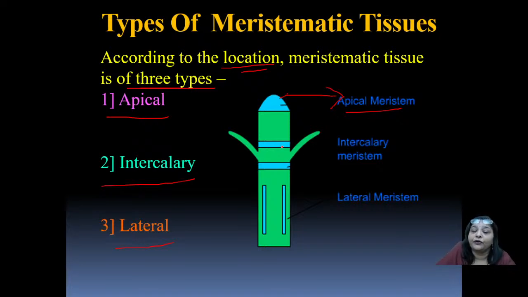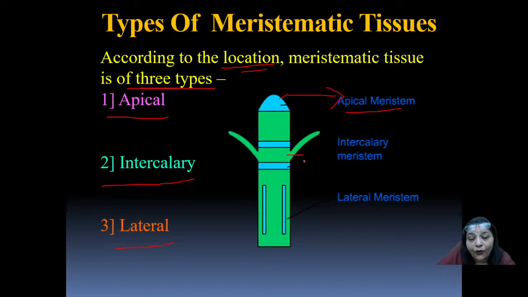So where do the leaves and the branches arise? Where do the leaves arise? In the stem, it is actually the region where the nodes are. Now, in the stem, there are two main regions. One is the node where the leaves arise.